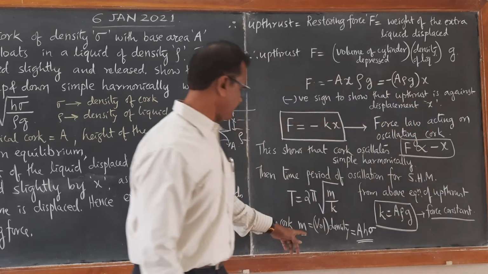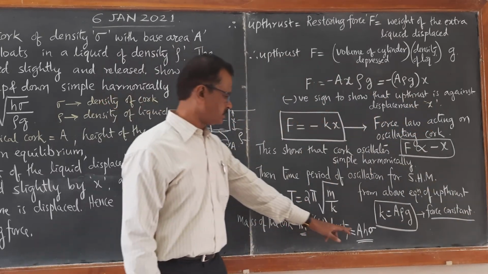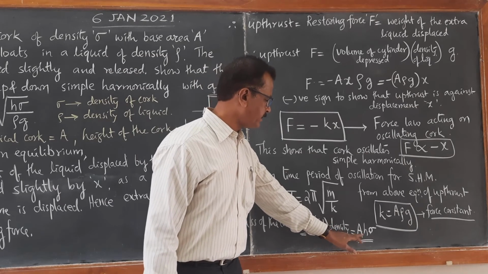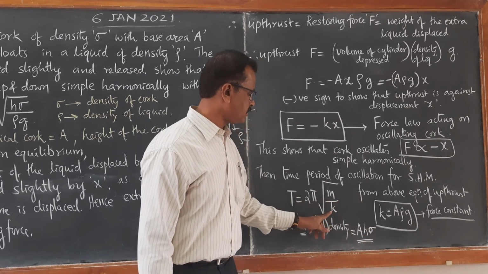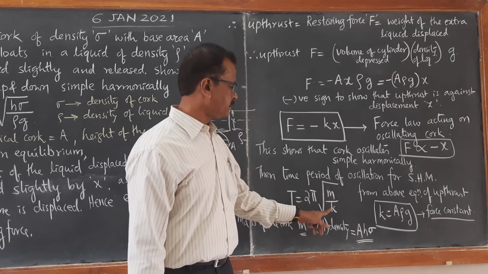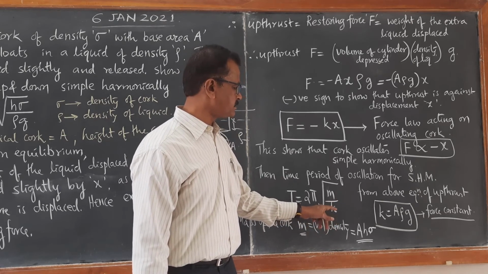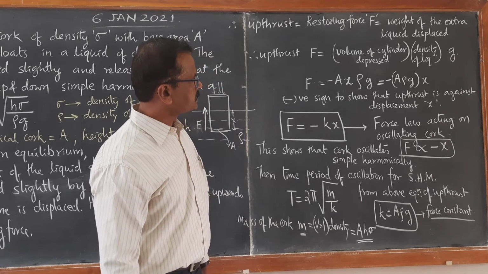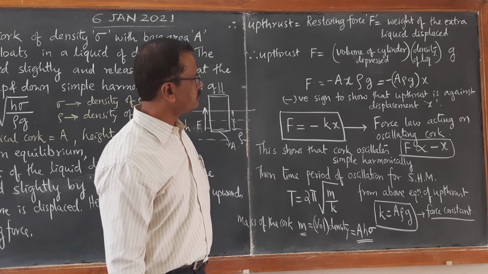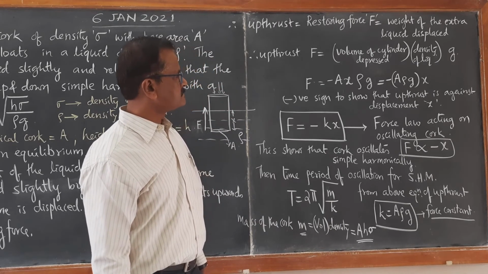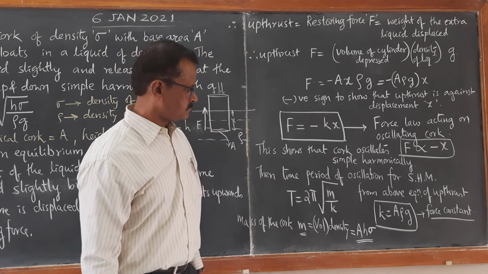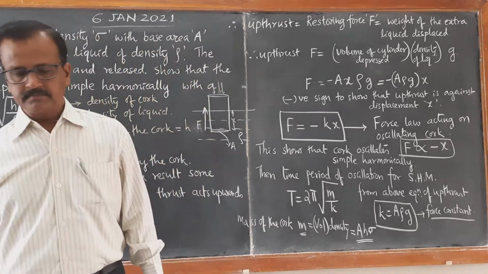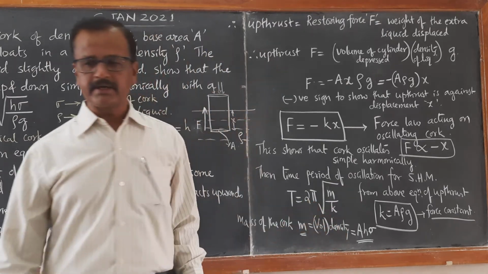Using force constant and mass, in the numerator you will get A H sigma, and in the denominator you will get A rho g. So A cancels. I will just substitute and we will verify.